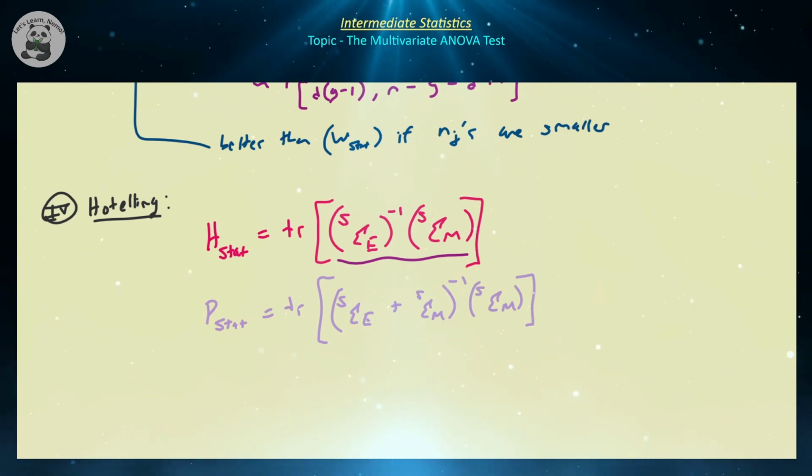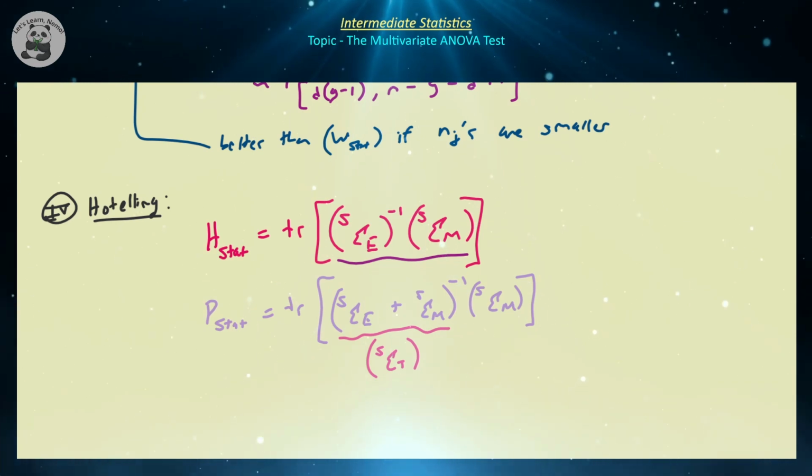And for this, the Pillai test statistic looks at the SSE versus the SSM added together, which, keep in mind, SSE plus SSM is the S sigma T matrix. So this compares SSM over SST, and the Hotelling and the Roy look at the SSM over the SSE matrices, which is actually very, very interesting, right? So they're looking at different quotients of matrices.